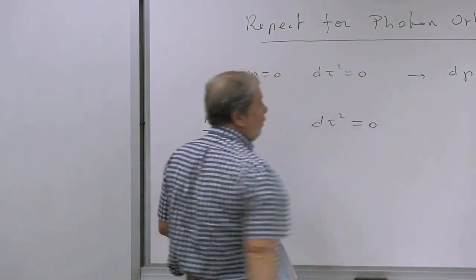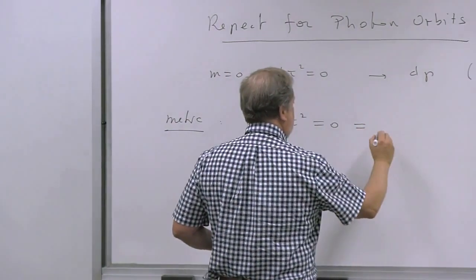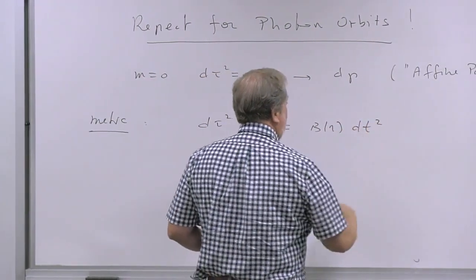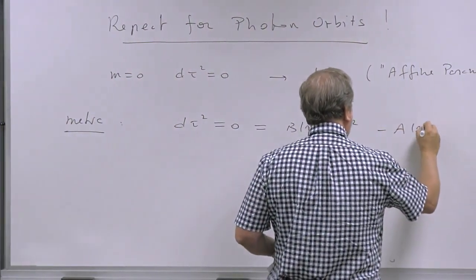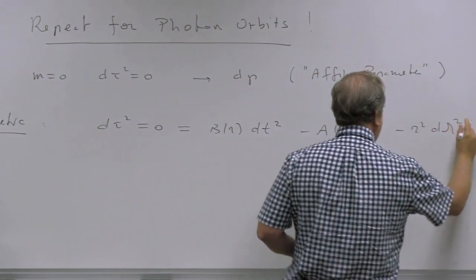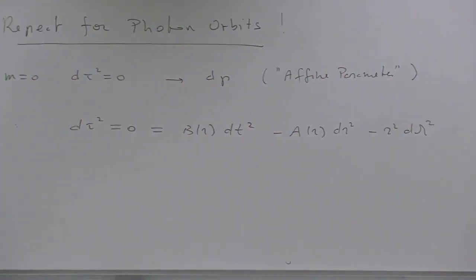Right now, for a photon, that of course is equal to 0. But nevertheless, in the Schwarzschild coordinate system, this is equal to b of r times dt squared minus a of r times dr squared minus r squared times the omega squared. Right? So that's certainly true still, except that we have a 0 here. Right?